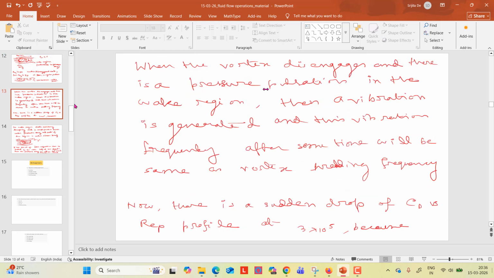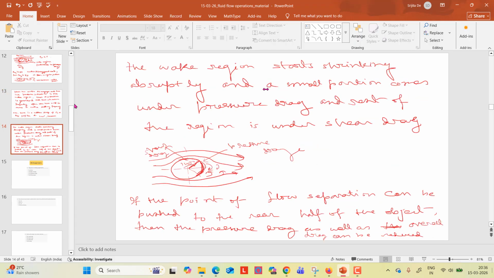And if this flow separation can be shifted to the rear portion of the object, more than 90 degrees, the overall pressure drag will be reduced, right? So we have to reduce the pressure drag basically to keep it more streamlined. So we have to make our object like this, more streamlined.